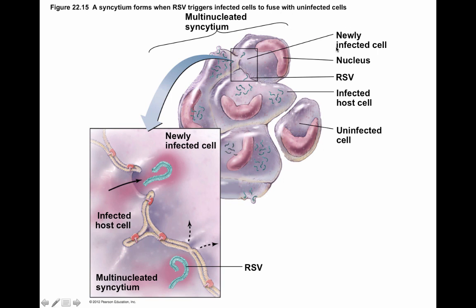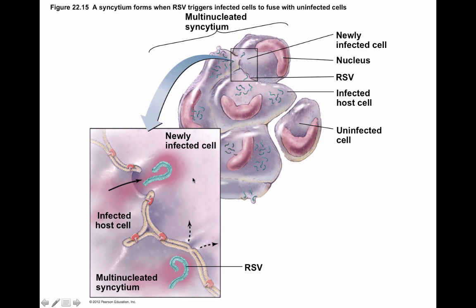So that must happen in the very first cell that's infected. However, if you have a cell that's infected, this cell will fuse to neighboring cells. And this cell will fuse to another neighboring cell and fuse to another neighboring cell. Here's an uninfected cell it's about to be fused to. And what can happen is the infected cell, once it fuses, the virus then can cross over into the new cell.